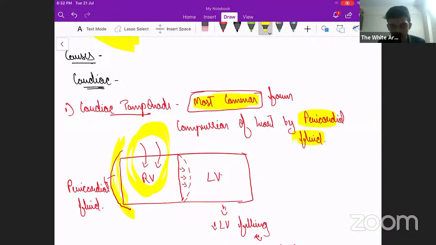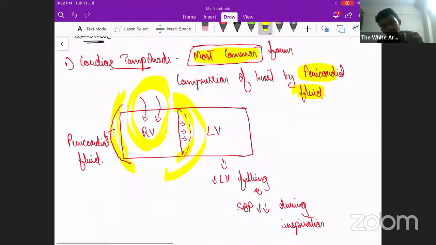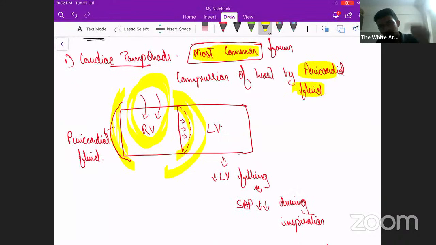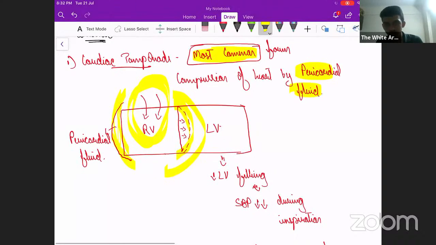It is hindering the expansion. So what happens? The interventricular septum will bulge into the left ventricle. As it is in the left ventricle, there is decreased filling, and there is this bulge also. It will lead to even lesser filling. So the inspiratory dip in the systolic blood pressure will increase even more. So that will lead to pulsus paradoxus. Okay, yeah, bowing of the interventricular septum.